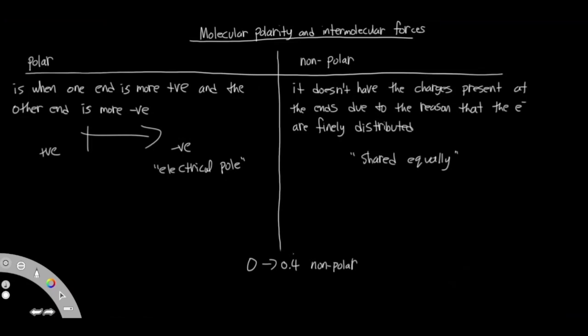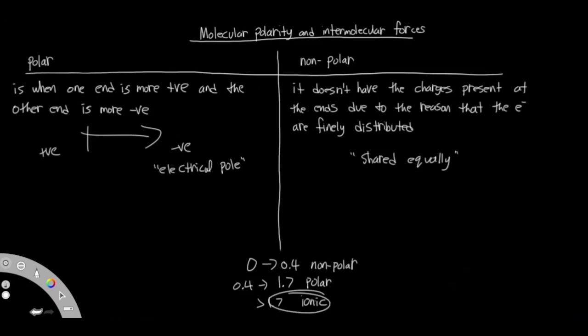It has to deal with percentages, but we'll deal with that when we get there. So we have 0.4 all the way to 1.7. Within this range it is deemed polar, and anything greater than 1.7 is going to be ionic.